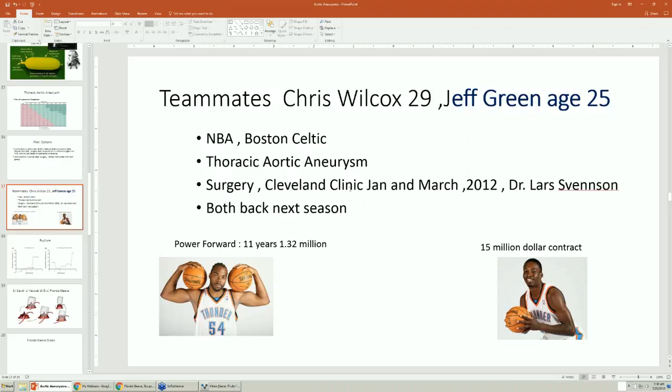And so they actually went to Cleveland Clinic, one in January and one in March. And Jeff was in January, Chris was in March, and Dr. Lars Svensson, who's chairman of the Department of Cardiology, did procedures on both of them, and they were fine, and they went back to playing basketball full court, and you know how exertional and contact that is.